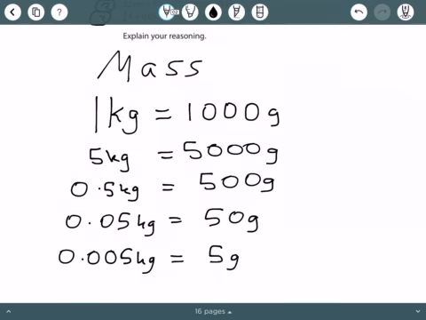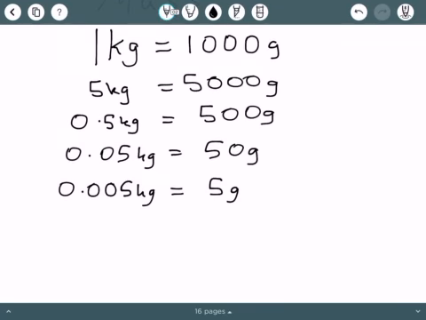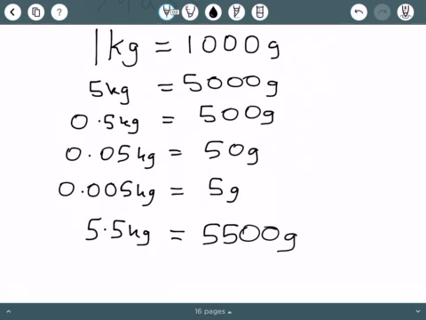And then if you combine a few of them, okay, so if we say, for instance, had 5.5 kilograms, well, 5 kilograms is 5,000 grams, and 0.5 kilograms is 500 grams, so 5.5 kilograms is 5,500 grams.